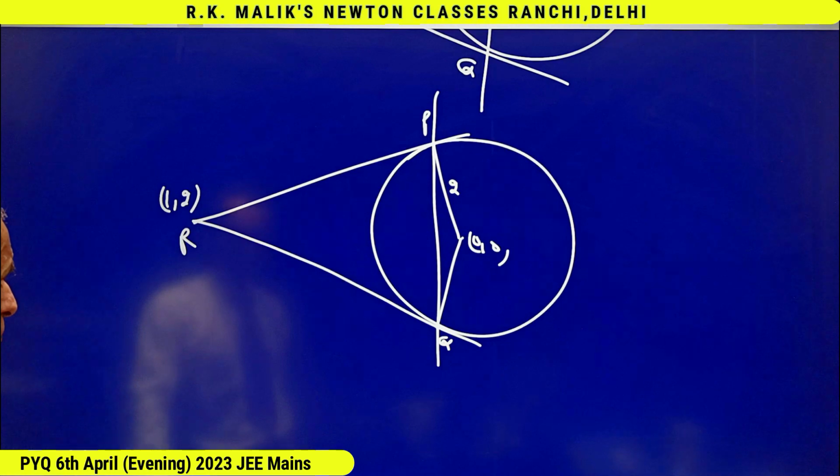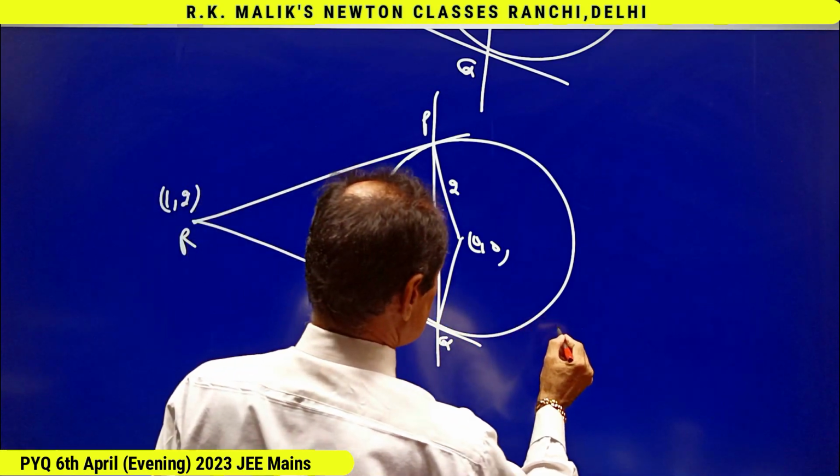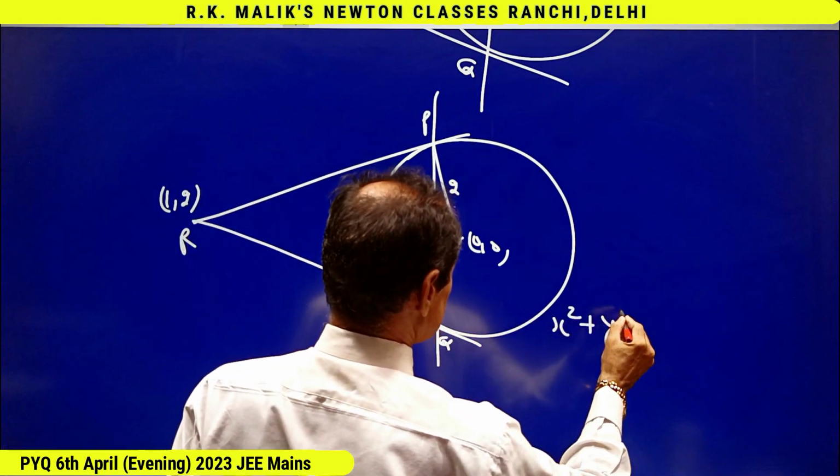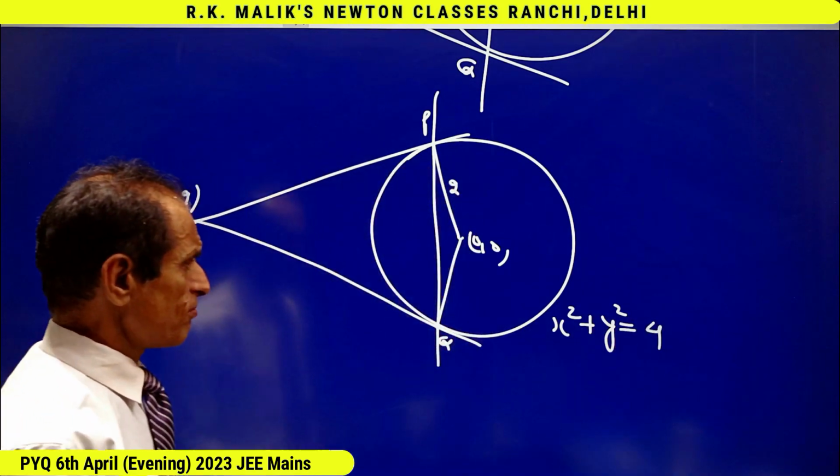Now let us proceed. The equation of this circle is clearly x² + y² = 4.